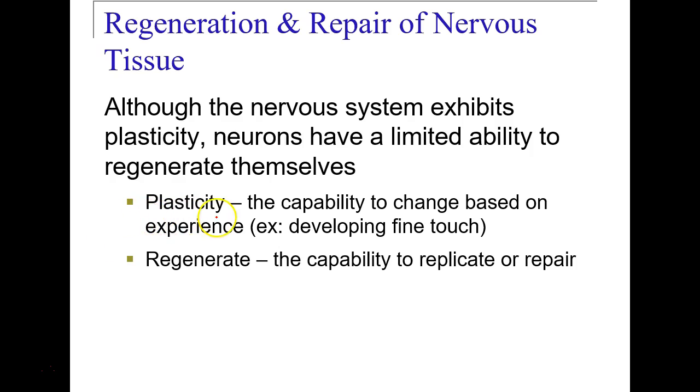But plasticity, this capability of change based on experience, we see a lot in the peripheral nervous system. So developing fine touch. We are learning, in other words. Regenerate, the capability to replicate or repair, again, is very limited in the central nervous system, but in the peripheral nervous system, we see this a lot.